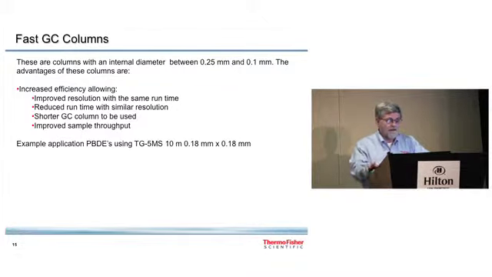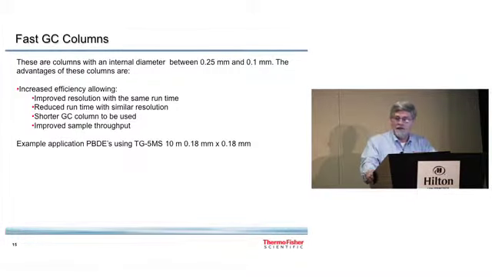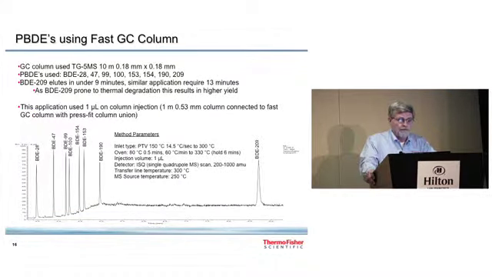This next is an example of using a TG-5MS column, a 10 meter column, 0.18 by 0.18. And as you can see, 209 comes off in less than 9 minutes. In all the other application notes and so on that we could find, 209 came off in 13 minutes.